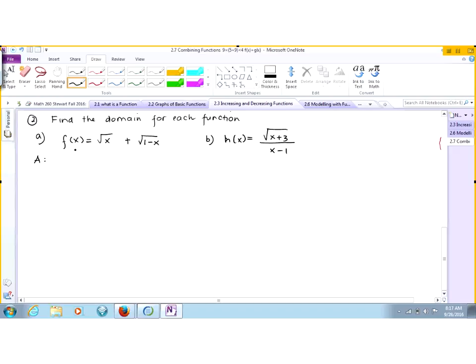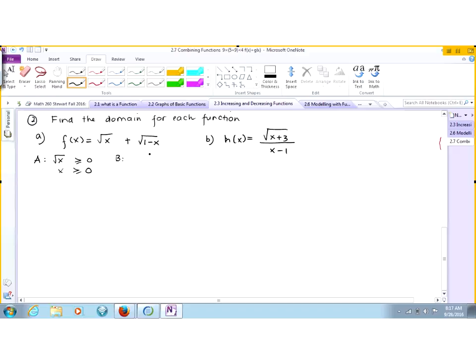So how do you find A? Square root of x is greater than or equal to 0, so x must be greater than or equal to 0. That's your A. Right? Okay.